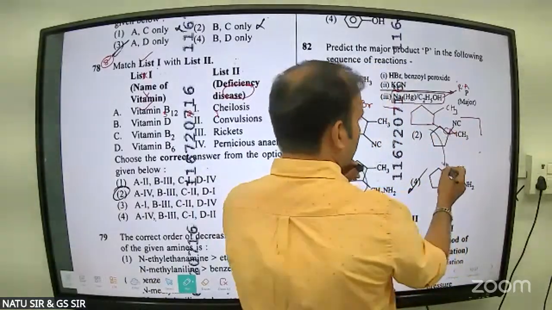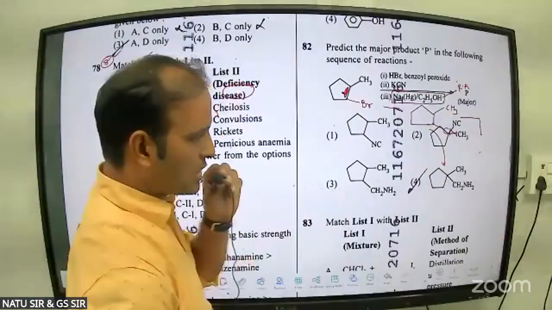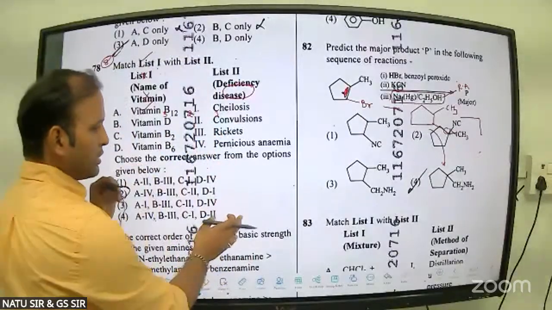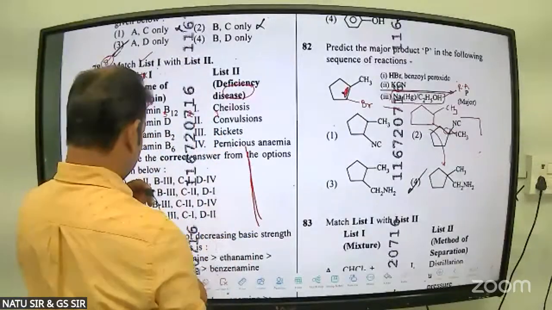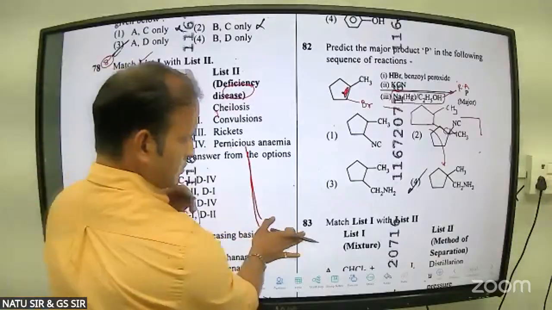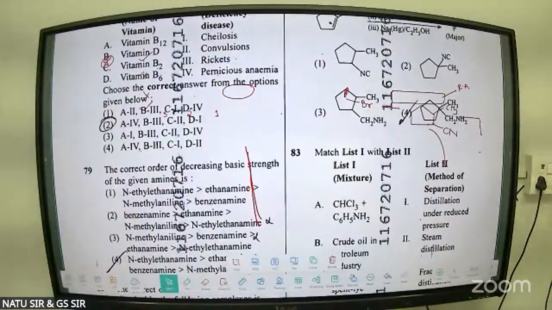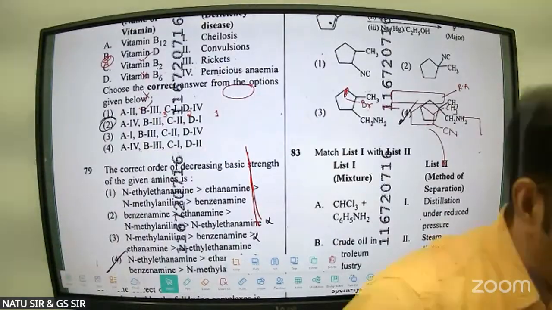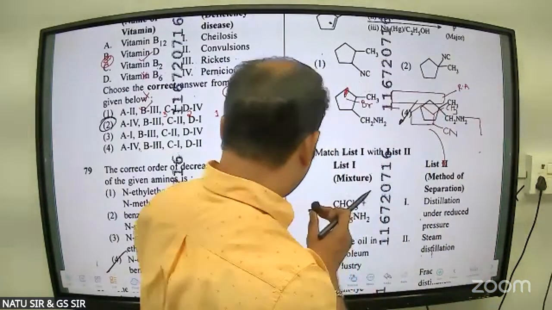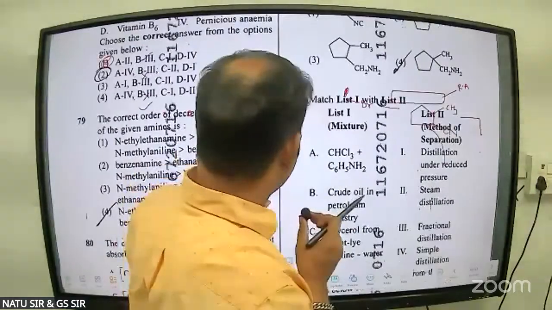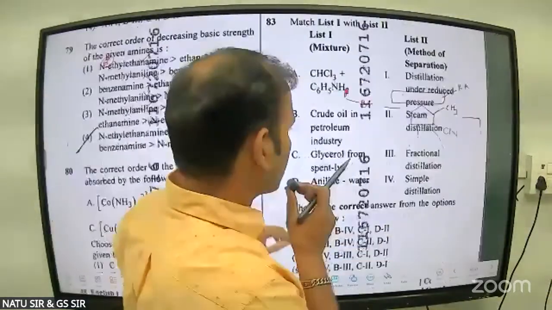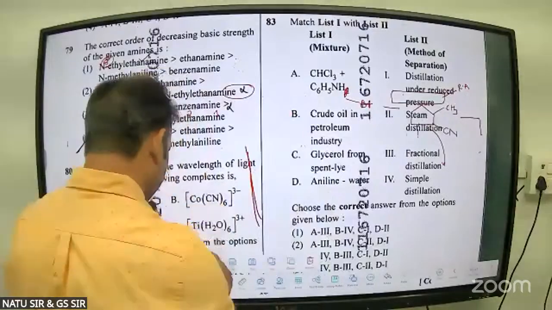And CH2NH2 means that exactly the product looks like this, right? Then question number 83.